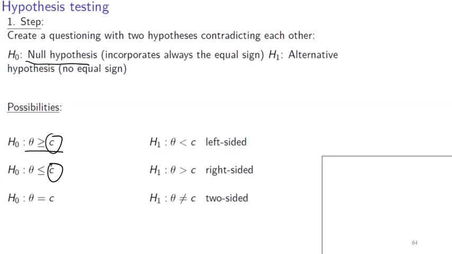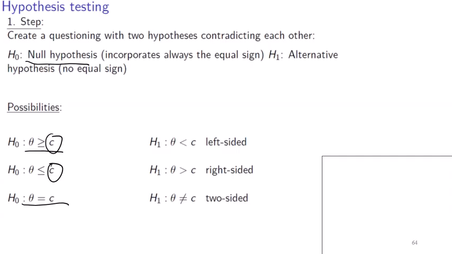Or, in general, what is also quite often done is that I just make the assumption that my awareness, in my example, has changed or not. This then would mean H0 is that nothing has changed.